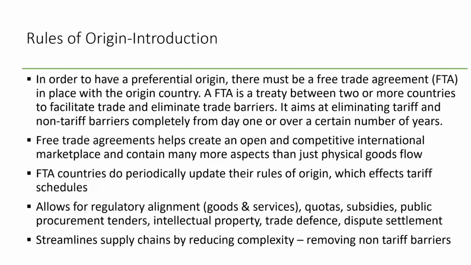So when you're looking at the rules of origin, the reason you're looking at it really is to have a preferential origin, right? So one of the things you're checking is, okay, I'm the exporter. Is there a trade deal with the country that I'm shipping to, right? So say, for example, you were shipping goods from Northern Ireland to Japan, right?